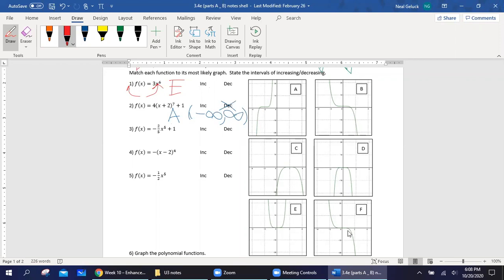Notice the only difference is that graph B is shifted up a little bit. That's this +1. Remember from last chapter, that's a shift up 1. So this has to be letter B. This one, letter B, is always falling. So it's never increasing, it's decreasing from negative infinity to infinity.